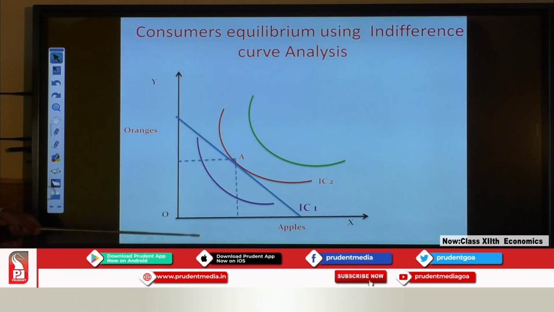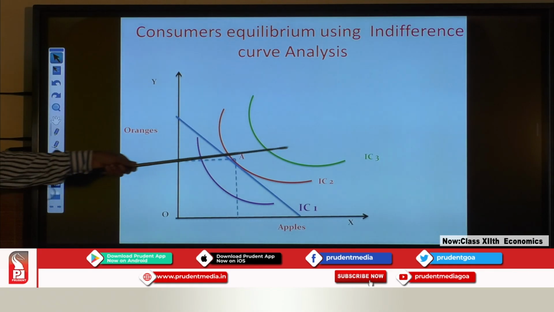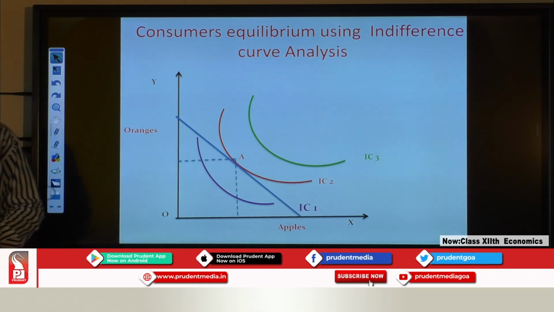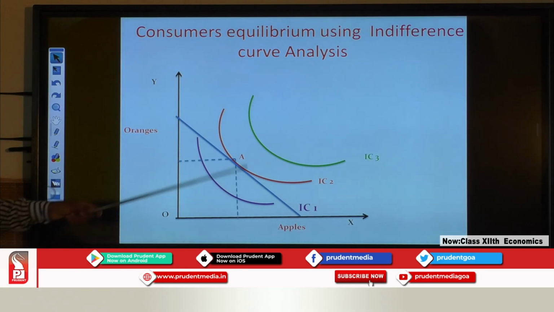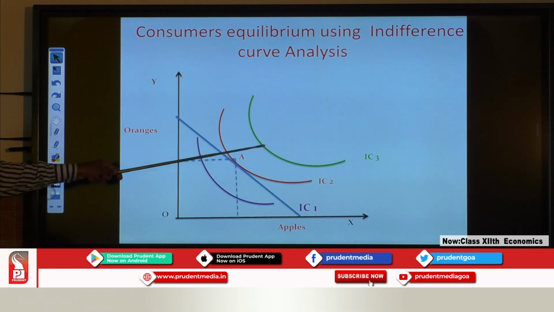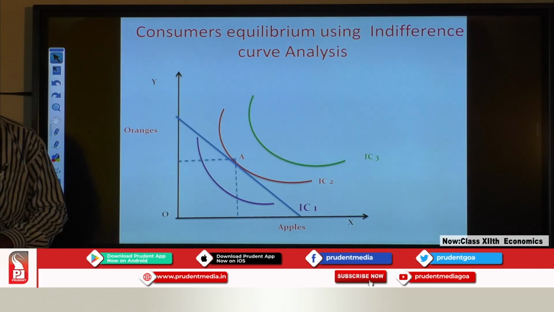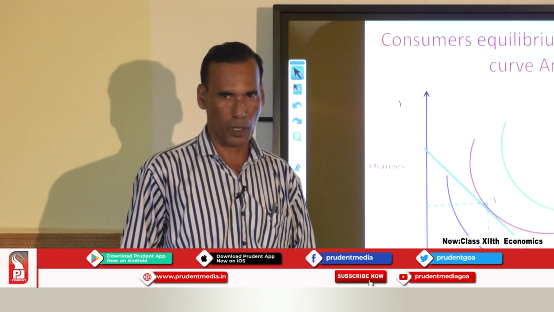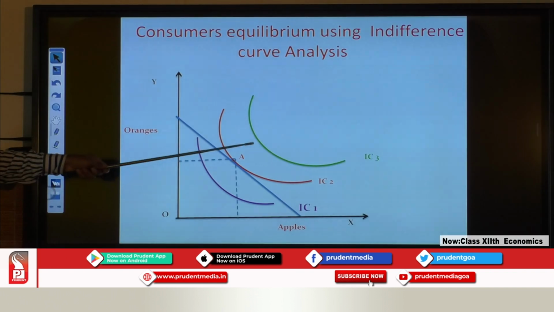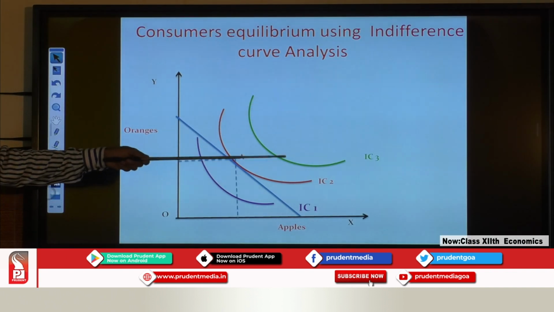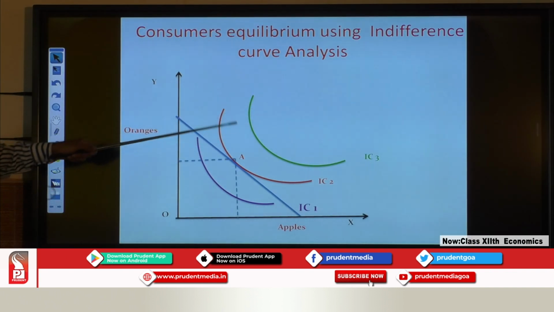Let us take a third indifference curve, IC3. Now, as I explained to you, IC3 gives more satisfaction to the consumer as compared to IC2. But here the problem is, these are unattainable combinations. Why?